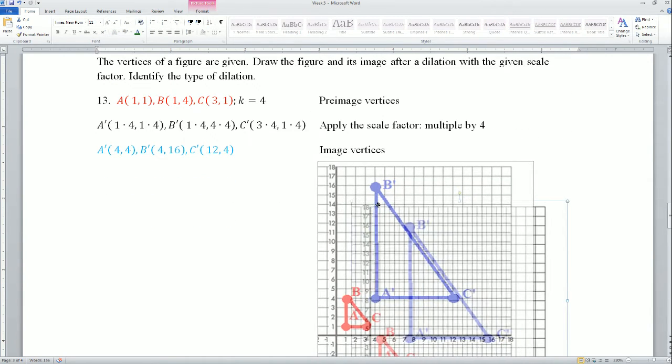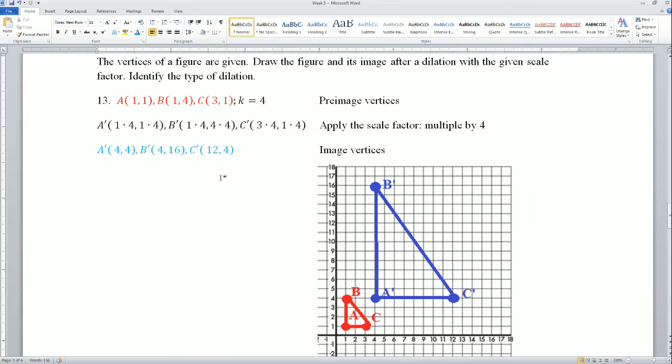So it says what type of dilation, right? It goes from red to blue, so it is an enlargement dilation, because the red triangle is getting bigger to make the blue triangle.